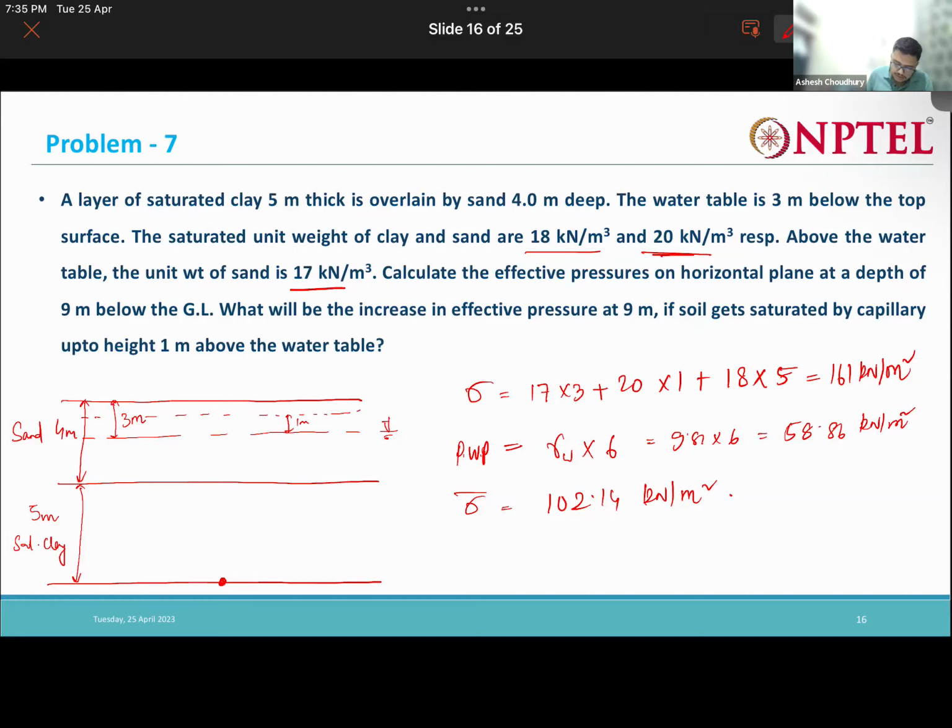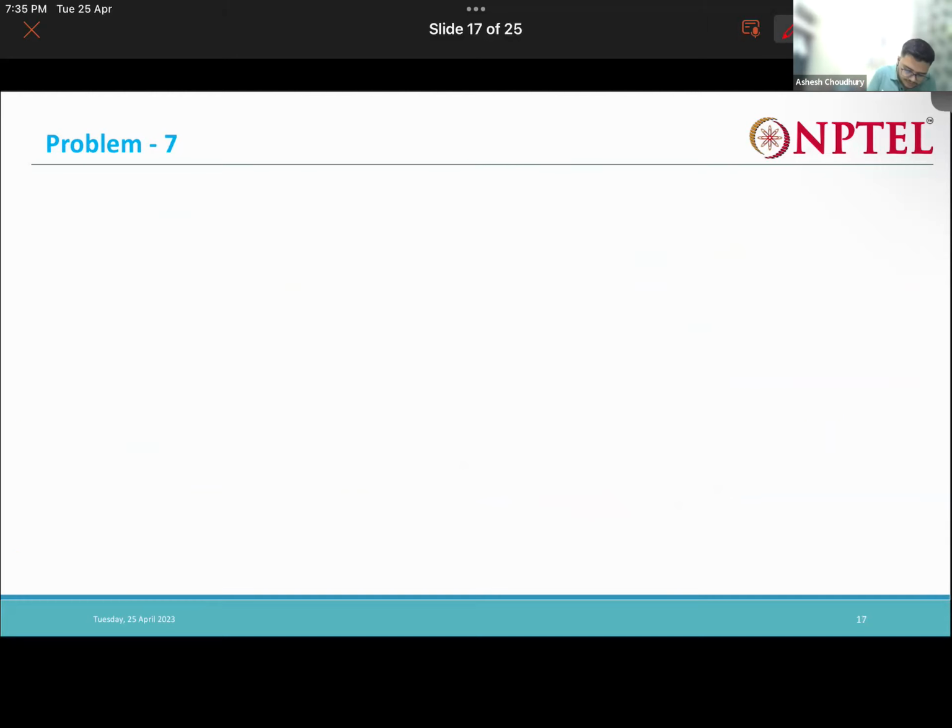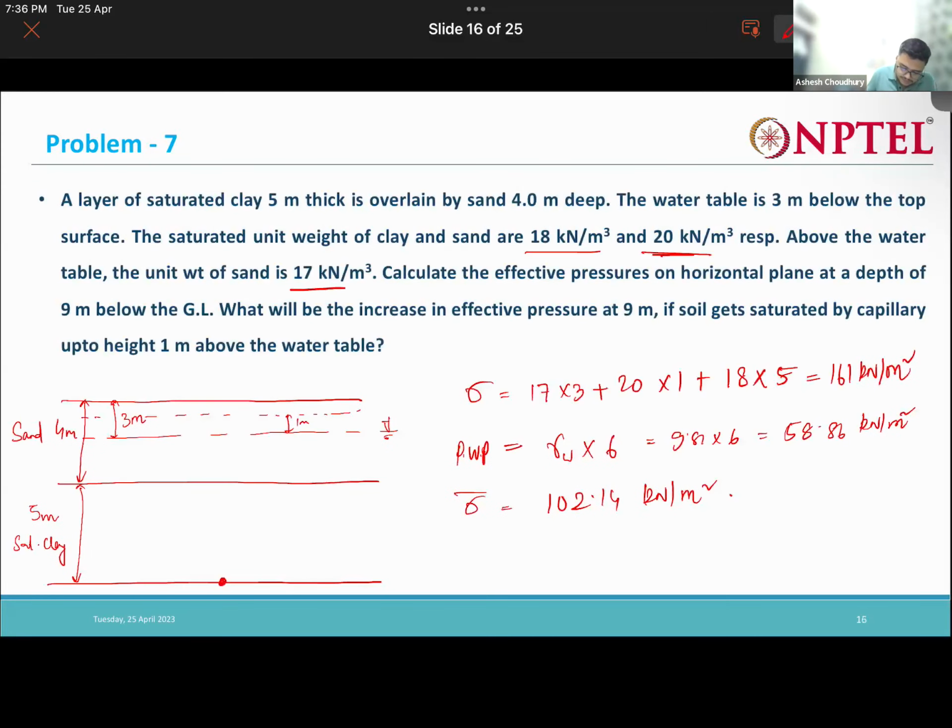So let us calculate the total stress. Now this part is also saturated. So what will be the total stress from the top? Let's start from the top.